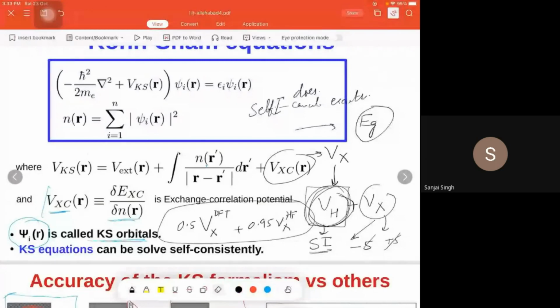Okay, I wrote something wrong here. It should be something like this, 0.05. There are many approximations where you can actually take it half and half, so you take half of this, half of this. Slowly you will get the feeling of how you can mix things and try to minimize these self-interaction errors and get the correct gaps. Okay.